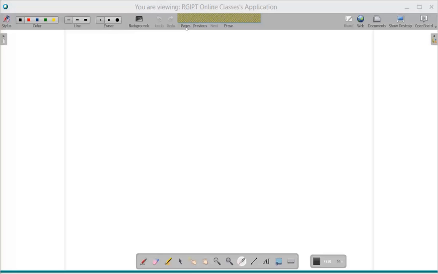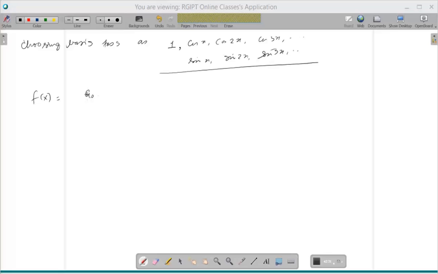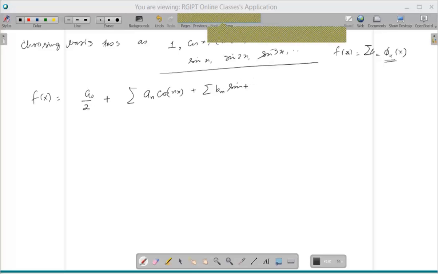So I'm going to write down f(x) as simply a0 by 2, plus the sum over n of an cos nx plus bn sin nx. That is my basic idea. I can decompose the function in basis functions.